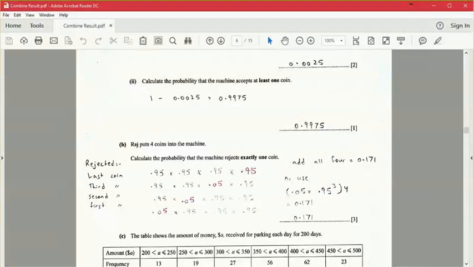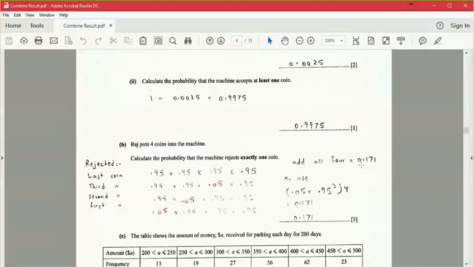This one is 0.05. It's wrong here. And then the third coin will be rejected. Then it will be 0.95 times 0.95 times 0.05 times 0.95, and the same for the second coin and for the first coin. And we'll add the 4.